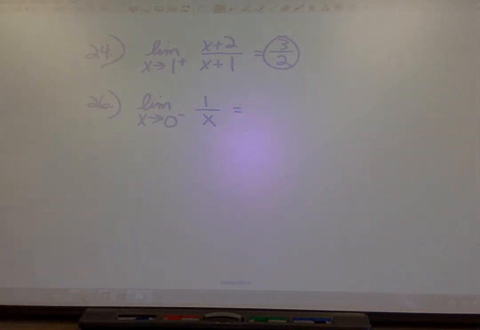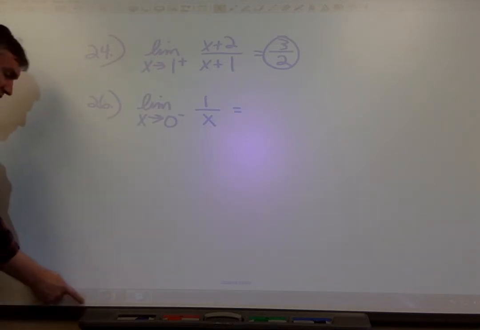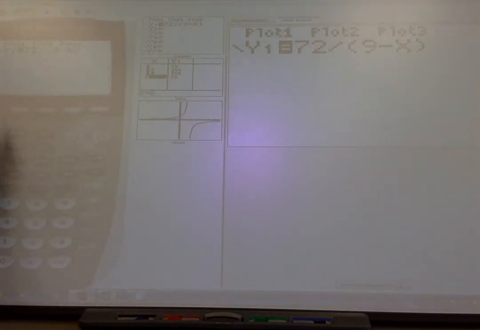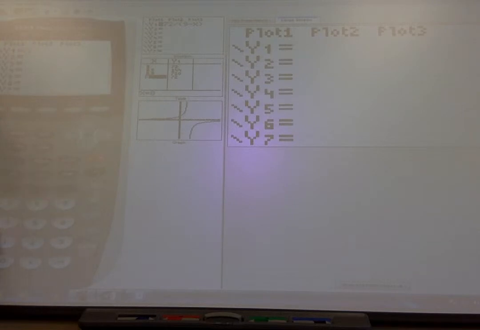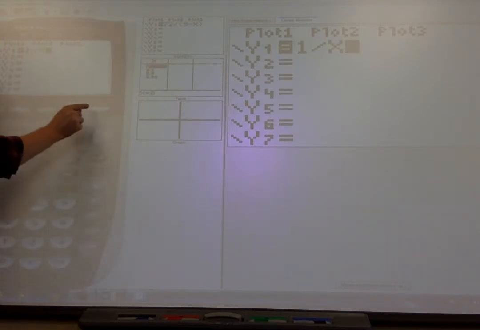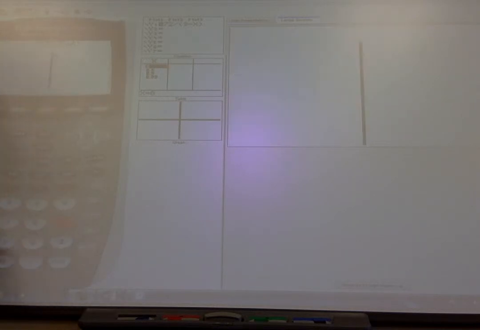This is where I don't agree with the book's interpretation of these a little bit. Okay? I want you to look at the graph of this and you tell me what you think. If I graph 1 over x, standard measure, what if x gets close to 0 from the left side? Where's y going?